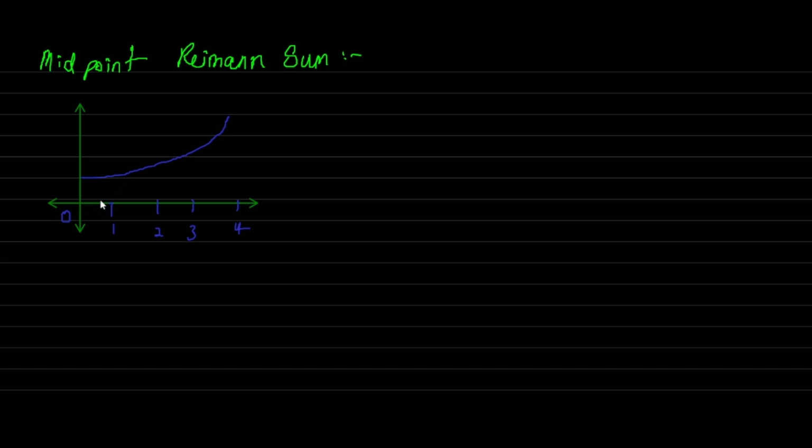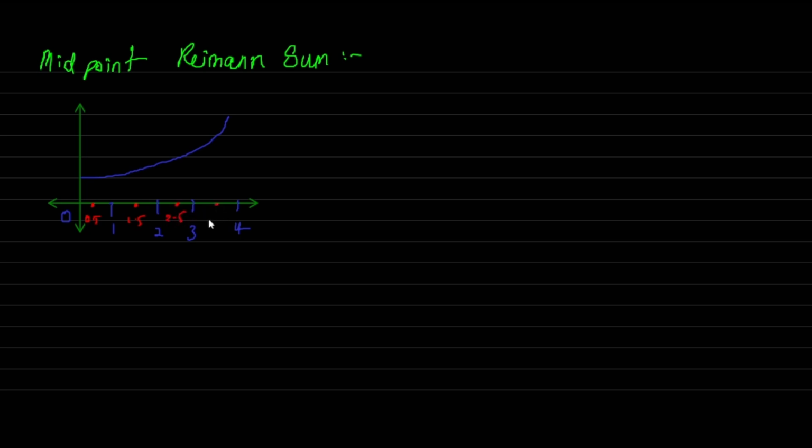So in the midpoint Riemann sum, what we first do is we take the midpoints between each point. If there are going to be 4 rectangles in here, and it's from 0 to 4, then I'm going to take the midpoints of each of these points. So from 0 to 1, the midpoint is 0.5. From 1 to 2, it's 1.5. From 2 to 3, it is 2.5.